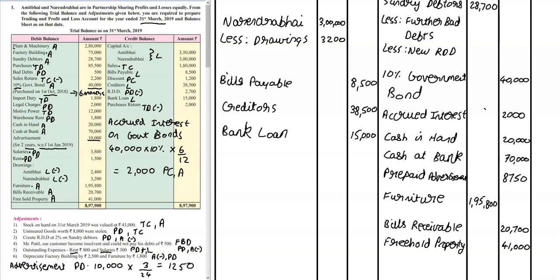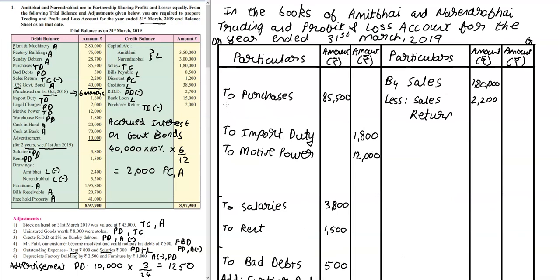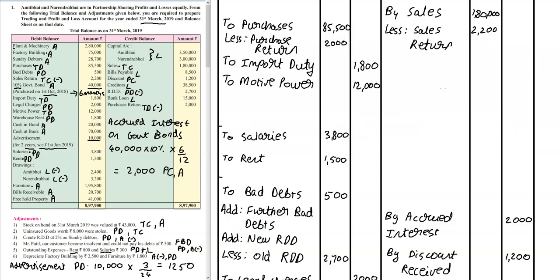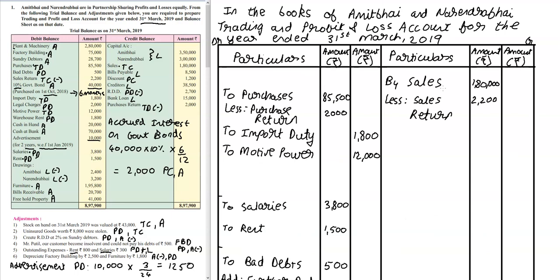And the last one, purchase return, and we'll have less purchase return amounting to 2,000. Oddly, we don't seem to have opening stock in this question. Not a problem. Now, we are done with all our entries.